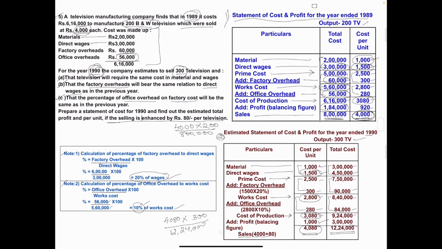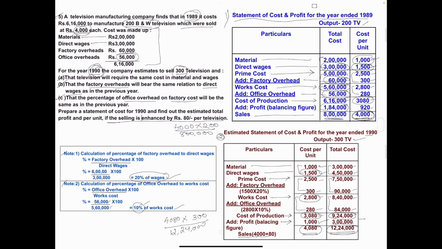For total, from 12,24,000 minus 9,24,000, we will get 3 lakh, and this is the profit, the balancing figure.